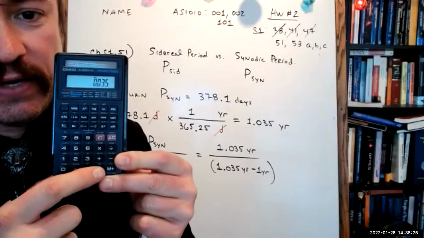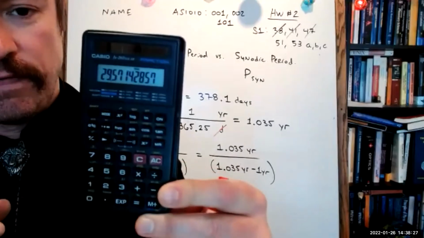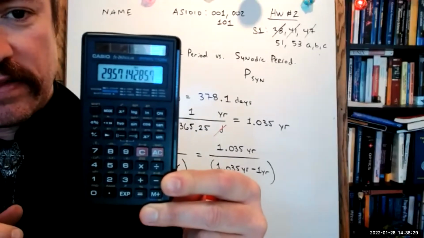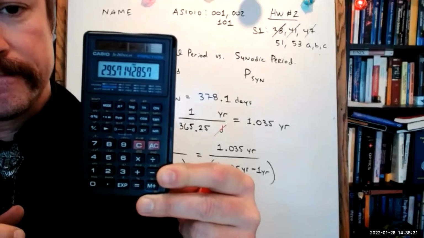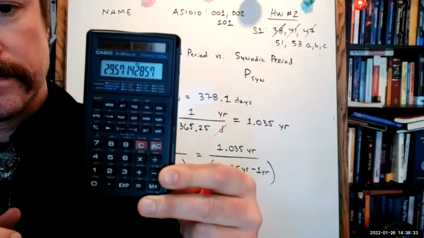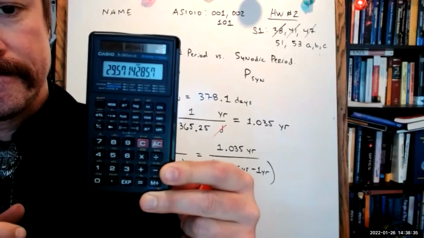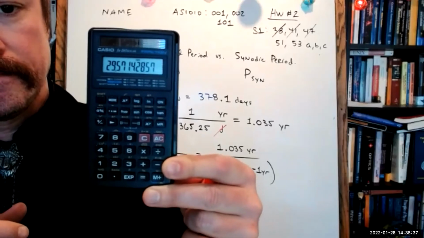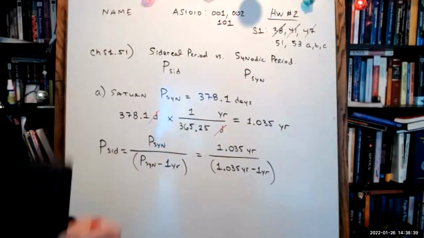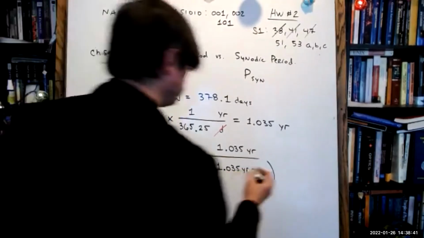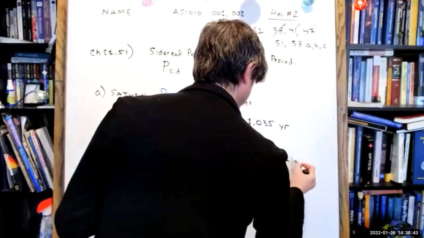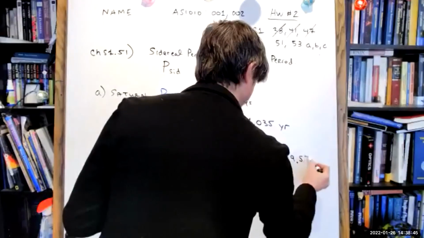And then I hit the equals. 4 sig figs. What's my final answer? 29.57. Units? Years. Good.